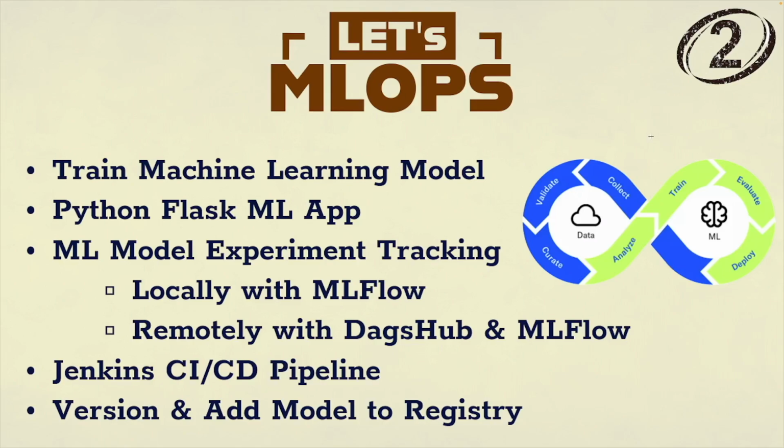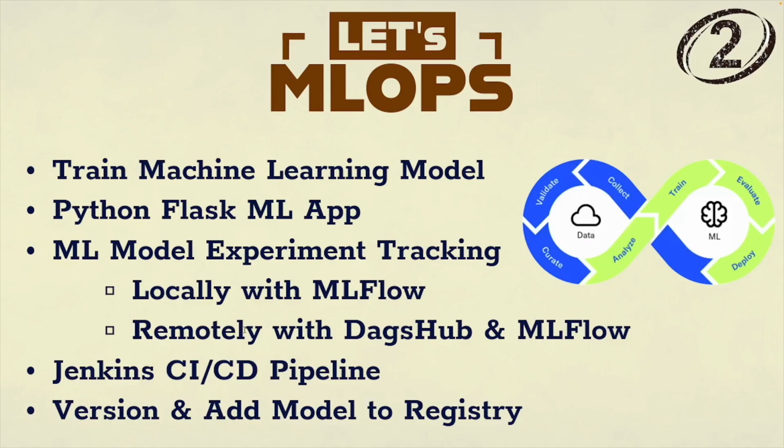On our second video for the Let's MLOps series that I just started, we're going to look at how to train a machine learning model, which is packaged using Flask, and how to track experiments using MLflow. First, I will track experiments of my machine learning model using MLflow locally on my computer, and then I will do the same remotely using DagsHub.